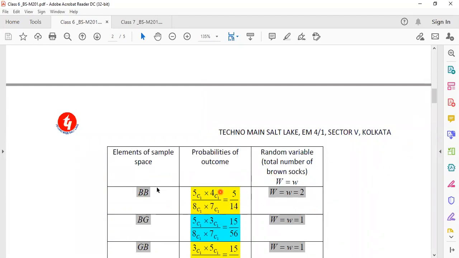I am trying to look at probability from an axiomatic point of view, not from a combinatorics or classical definition point of view. Okay.